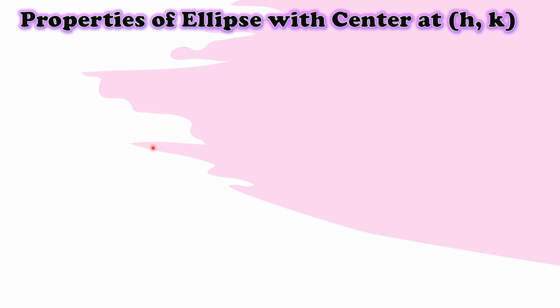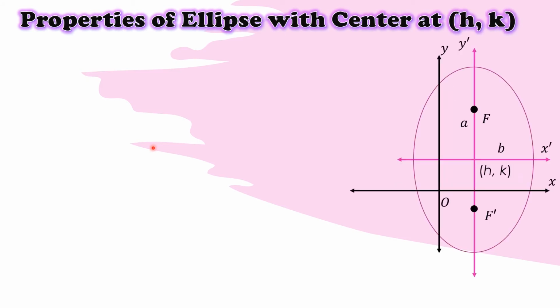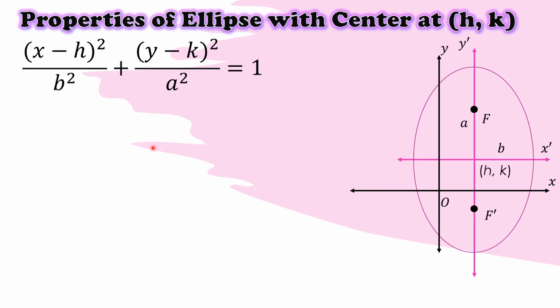This time, let us have the properties of the ellipse with center at (h, k) and whose major axis is parallel to the y-axis. The formula is (x − h)² over b² plus (y − k)² over a² equals 1. The coordinates of the vertices are at (h, k − a) and (h, k + a).